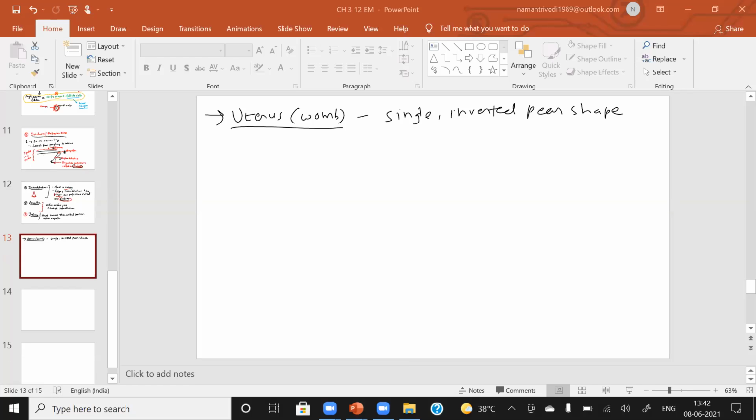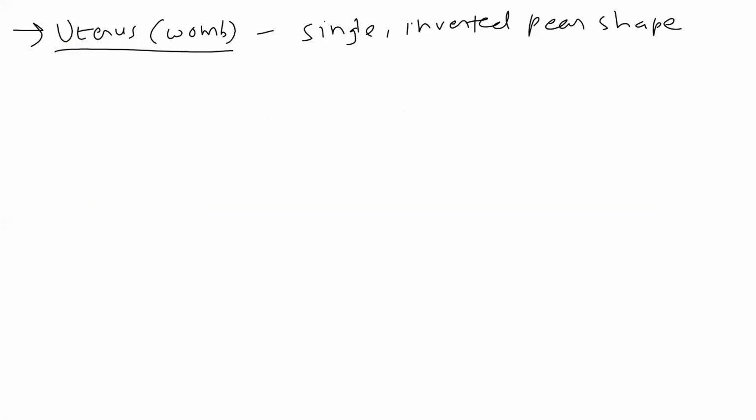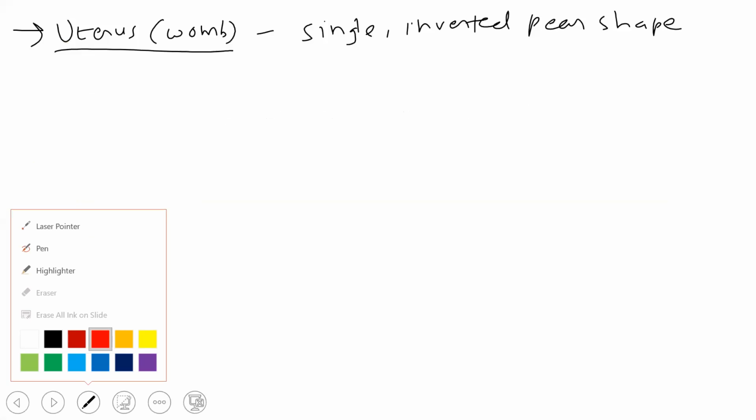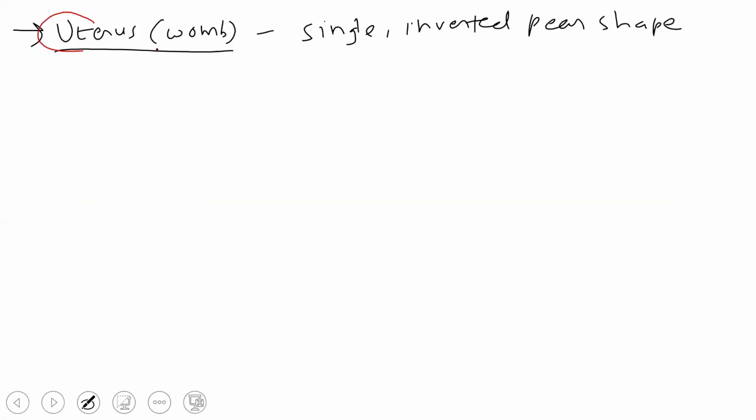Now coming back to the uterus. Some books mention four parts; your textbook has mentioned three parts, so we'll keep it as three parts.